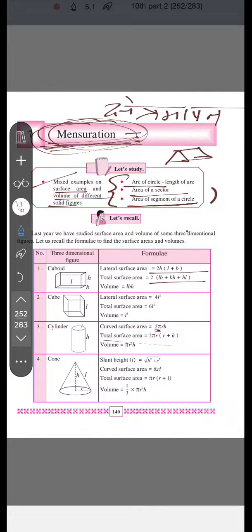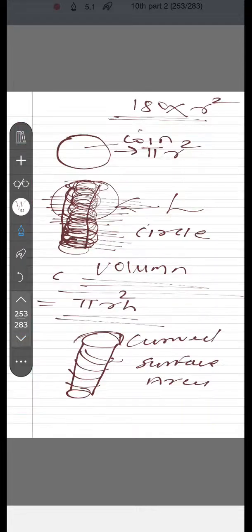And the total surface area is 2 pi r times (r plus h). Now what is the total surface area? Simply this area plus that area. So total surface area is equal to 2 pi r h, and these two sides are there, therefore 2 pi r square.